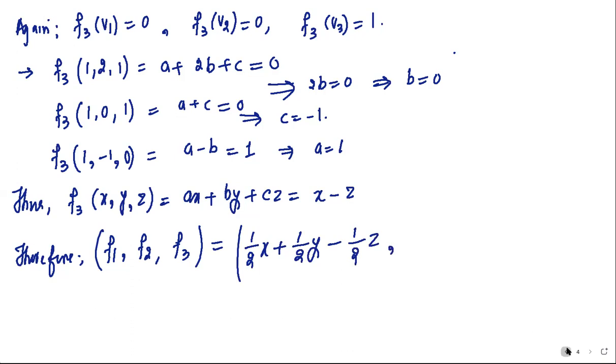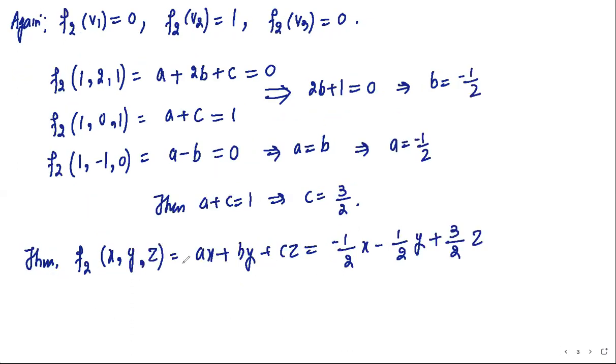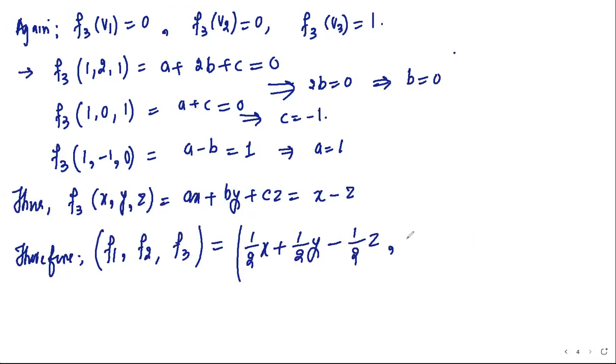This was our f1. Now our f2, that is minus 1 by 2, minus 1 by 2, 3 by 2. So it is minus 1 by 2x minus 1 by 2y plus 3 by 2z. And now f3 is equal to x minus z.